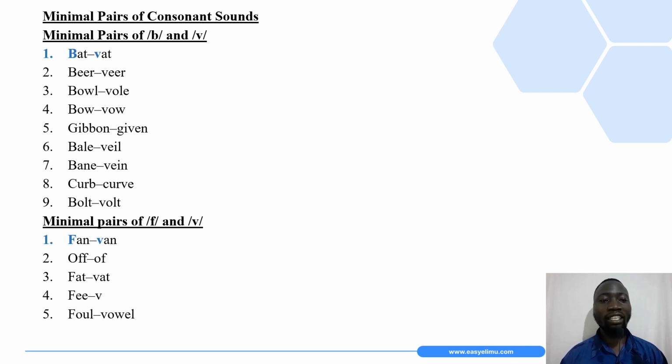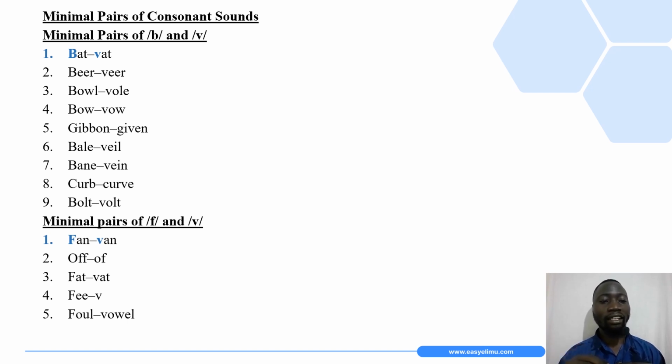So look at the sounds B and V. We have but and vat, beer and veer, bowl and vowel, bow and vow, gibbon and given, bell and veil, bun and vein, curb and curve.